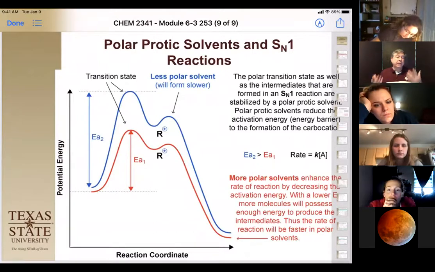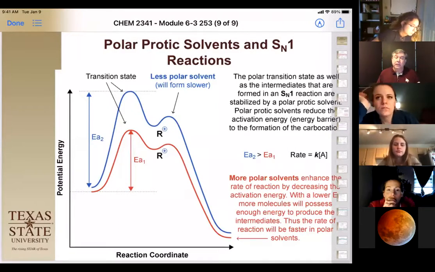If you have a very polar solvent like water or methanol compared to a less polar one like isopropanol, because it's got more R groups on it, or t-butanol, those are less polar solvents, even though they have a proton. The more polar solvent is going to decrease the activation energy and let the reaction happen faster. Because again, lower activation energy is a faster reaction.